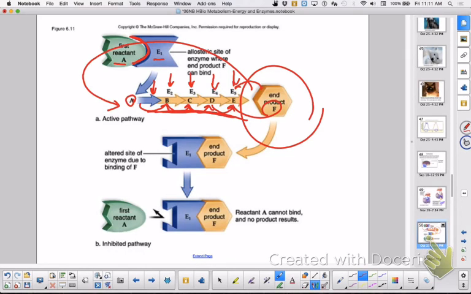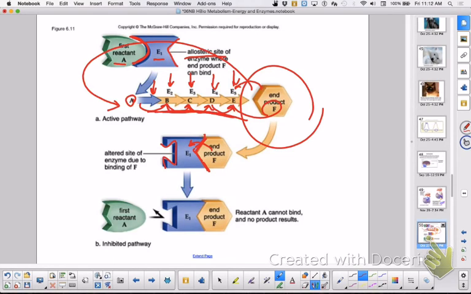And the very first enzyme, if you look right here, what site would this be referred to where it's binding? The what? Allosteric site. It's binding to the secondary site. It's not binding to the active site. It's binding to the allosteric site, but what has happened to our active site? It's changed its shape.